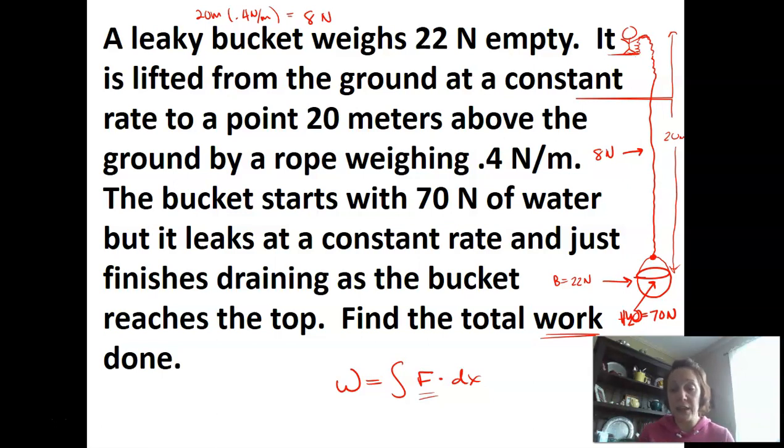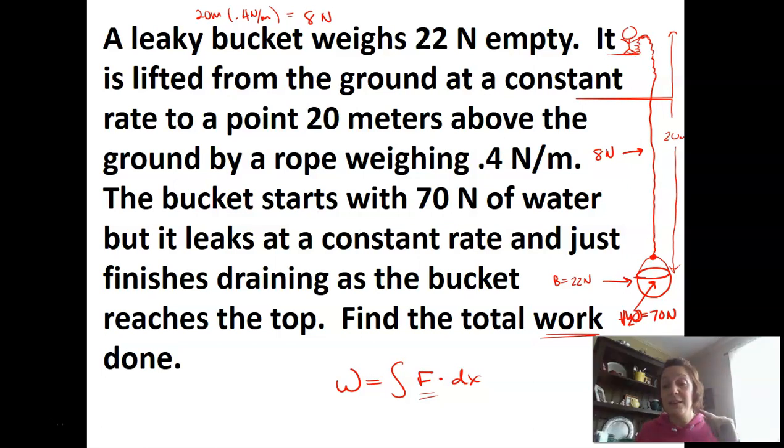In the beginning, you need 100 newtons of force. By the end, when you make that last little pull, there's not going to be any rope left hanging, and there's not going to be any water left. So you're starting with a weight of 100 newtons, but as you pull and pull, by the time the bucket gets to the top, it's down to just the bucket, which is 22 newtons.